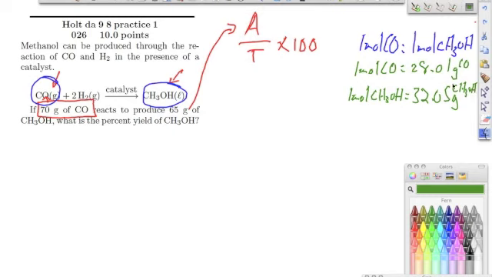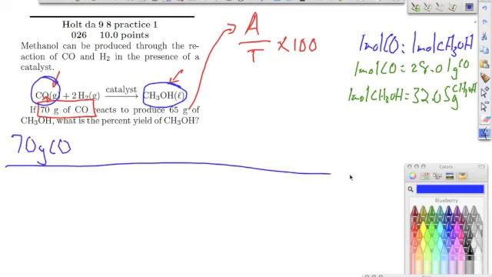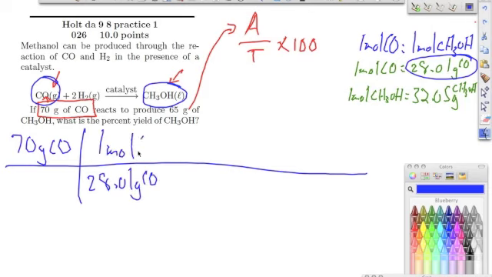So we have all of our conversion factors, and we start our problem with what it gave us: 70 grams of carbon monoxide. Since we have grams of carbon monoxide on top, we put grams of carbon monoxide on the bottom, which is 28.01 grams of carbon monoxide equals 1 mole.